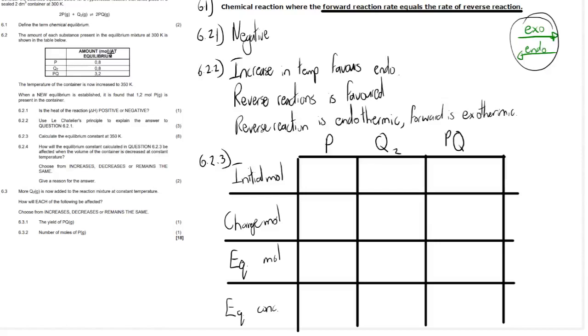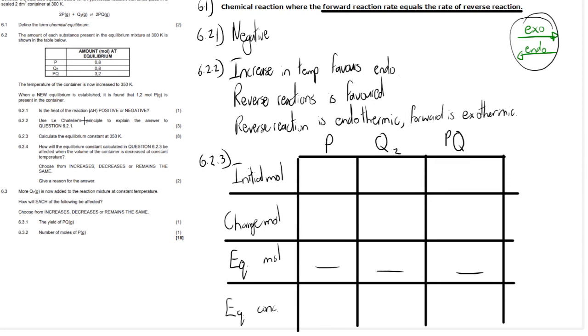Okay, so I think it would be important for us to understand. It says here at equilibrium, but then a change took place and then a new equilibrium was established. So I can understand we might be inclined to say, oh, this 0,8 and 0,8 and 3.2 might be good for these positions.